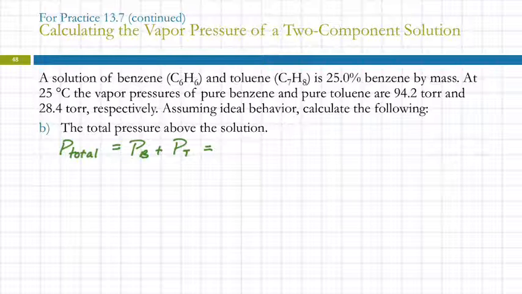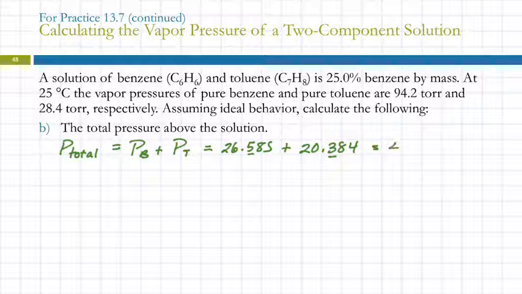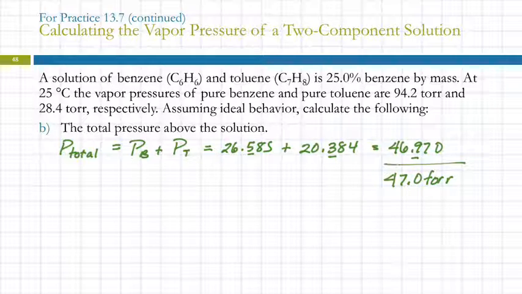I still have those in my calculator. 26.585 and 20.384. Add those together, we get 46.970, which rounds up to 47.0 torr is the total pressure.